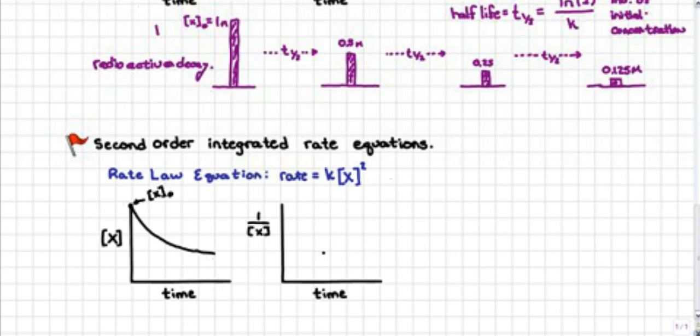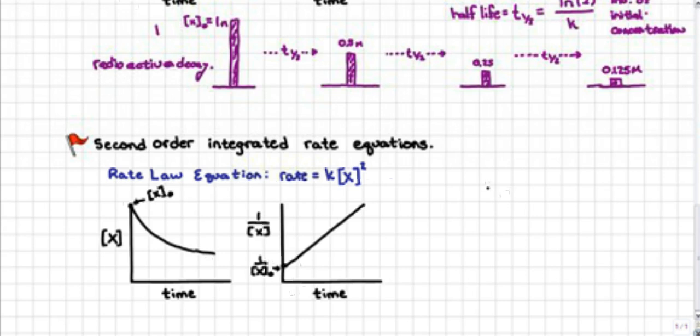And when we do this, we do get a straight line, just like this, where this point right down here, where it crosses the y-axis, is the reciprocal of the concentration of X initially, which is some known value. Okay, but it's a straight line, and straight lines, well, we can work with those.